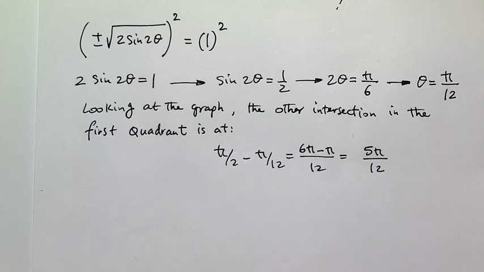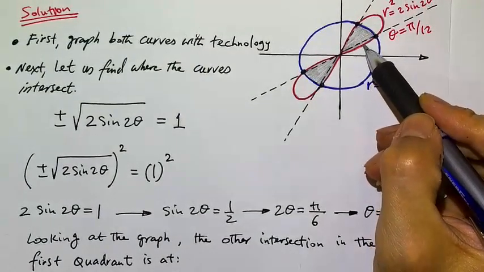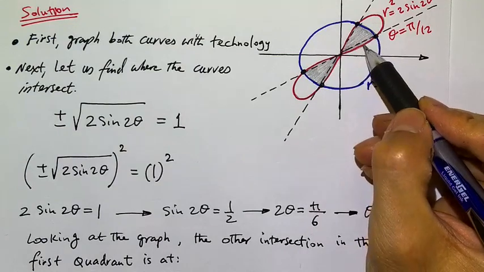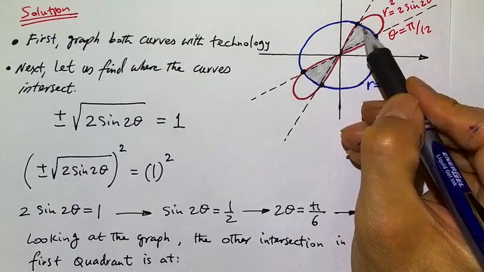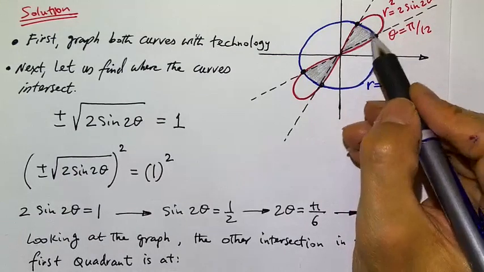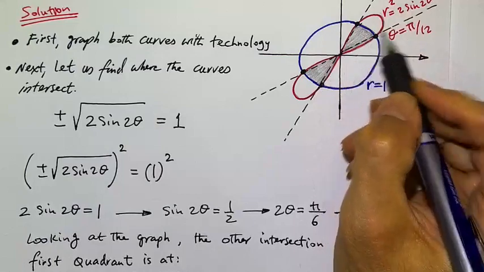So what I'm trying to show here is that we have a region. It's easier because this graph is so symmetric.